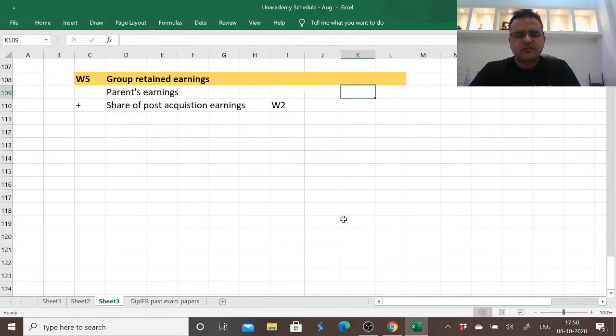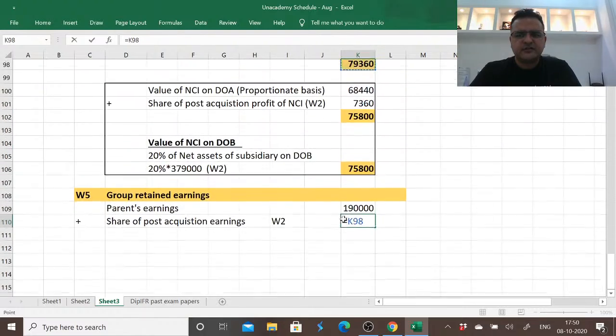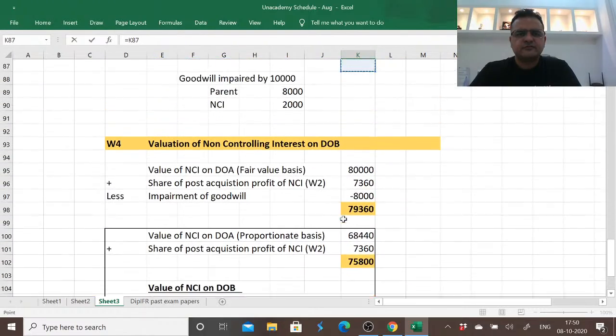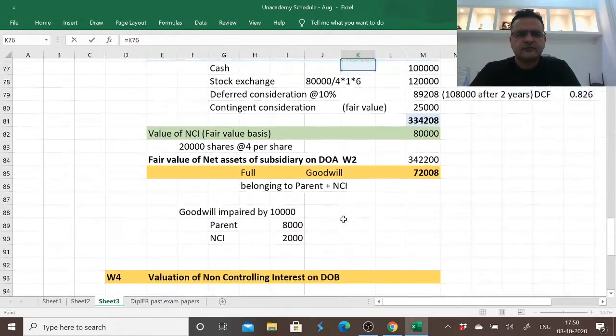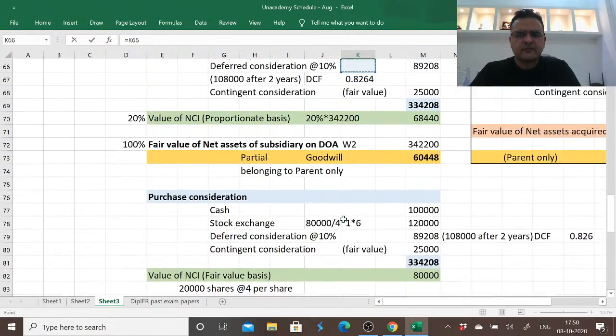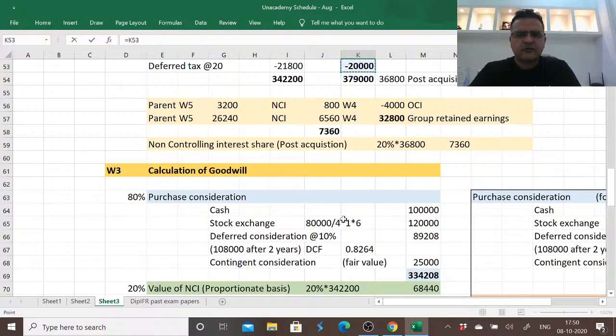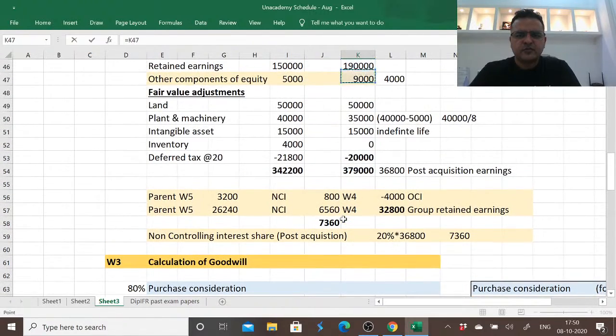I assume parents' earnings were, say, 1,90,000. Share of post acquisition earnings: we get from working note number 2, post acquisition earnings were equal to 26,240.